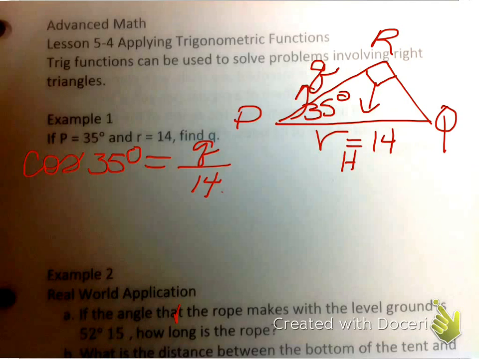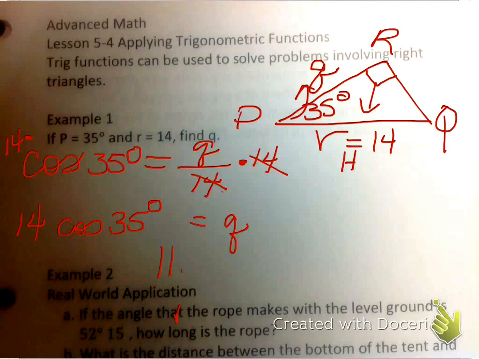In order to solve this, I need to get Q by itself, so I'm going to multiply by 14 on both sides. And when I simplify that, 14 cancels out, so Q is equal to 14 times the cosine of 35 degrees. So now I put it in my calculator, and my calculator spits out the answer 11.46168.